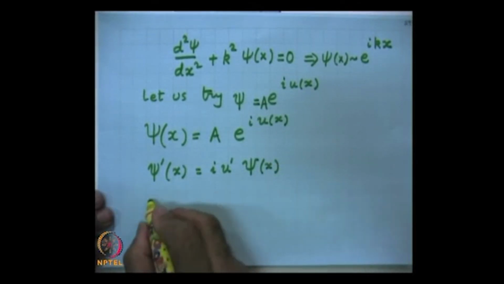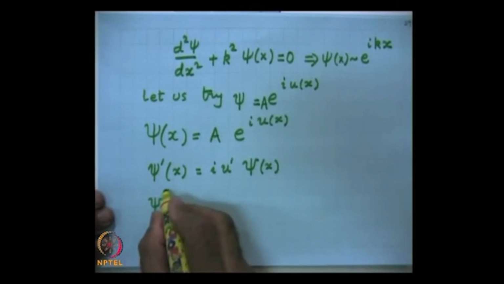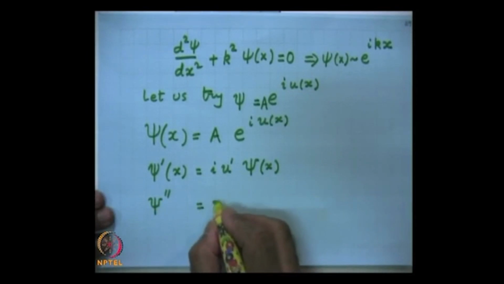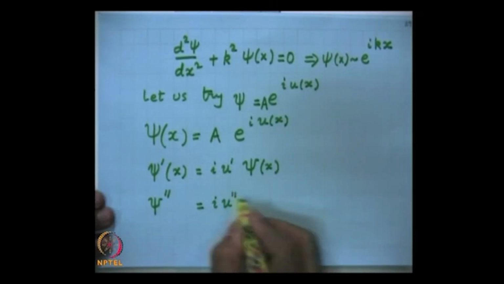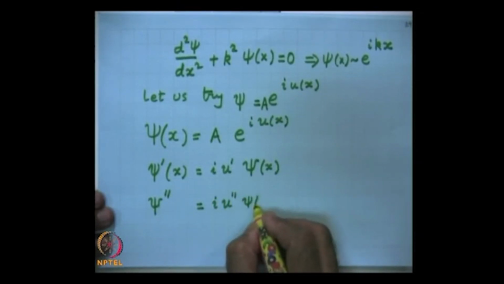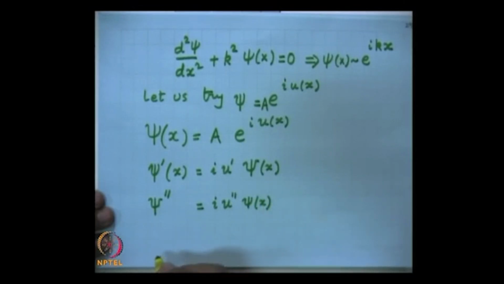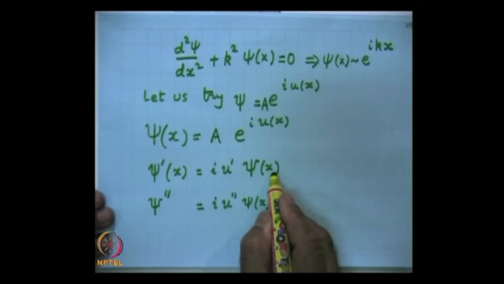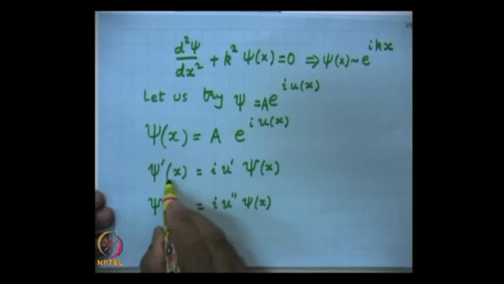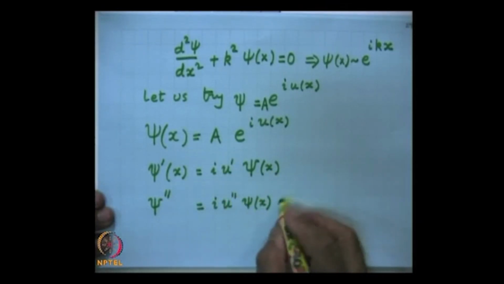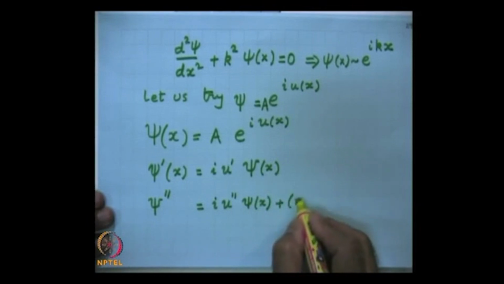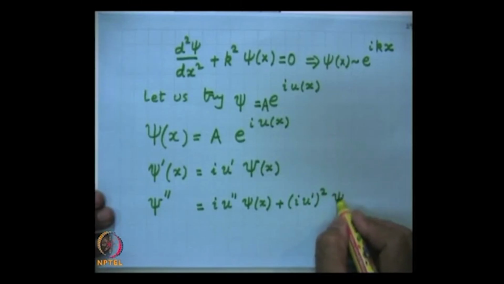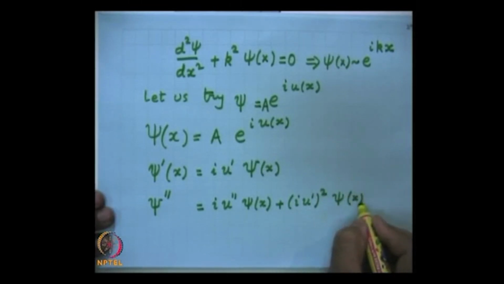If I differentiate this again, you get psi double prime is equal to I u double prime psi of x plus I u prime psi prime of x, but psi prime of x is I u prime psi. So, this will be plus I u prime whole square psi of x. I hope you understand.